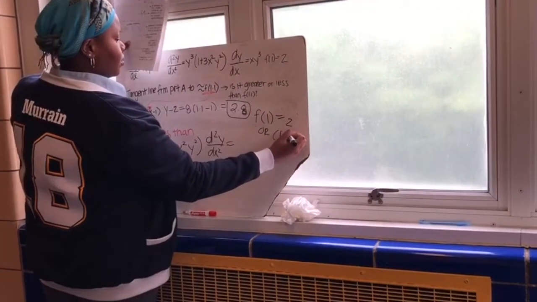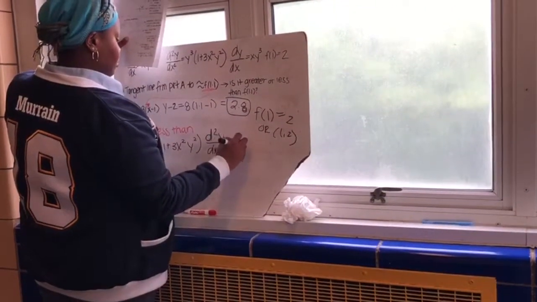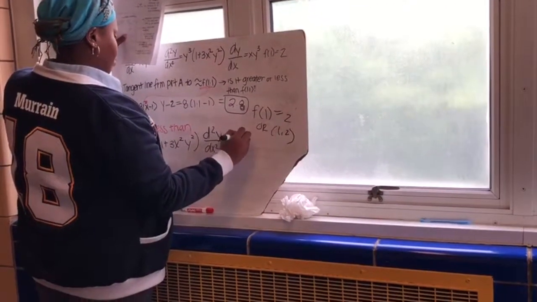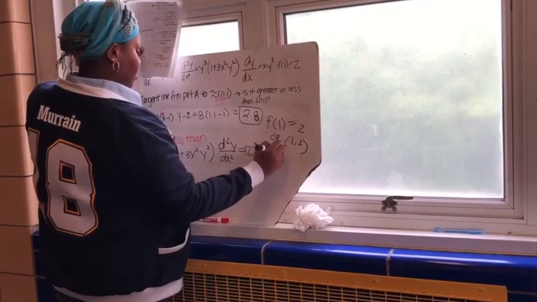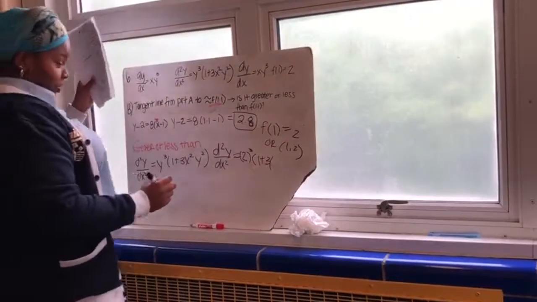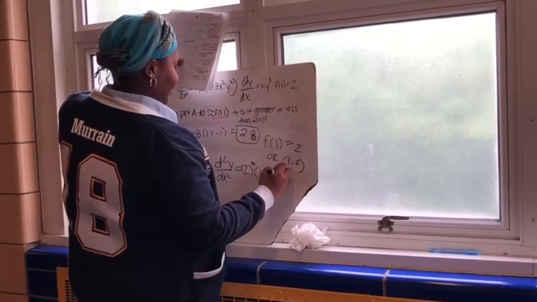So once again, as we did in part A, you plug in 1 comma 2 into the second derivative equation.